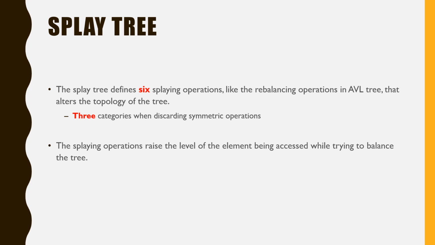The purpose of these splaying operations is to move the element being accessed, whether it is being searched, inserted, or deleted, to the root of the tree. Additionally, these splaying operations also aim to balance the tree, reducing the time for future accesses. Below, we will explore the 3 primary splaying operations one by one, excluding their symmetric counterparts.